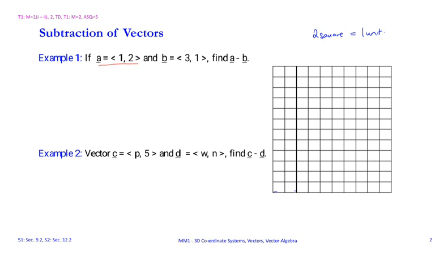So 2, 4, so this will be our A, and our B is 3 across and up 1.